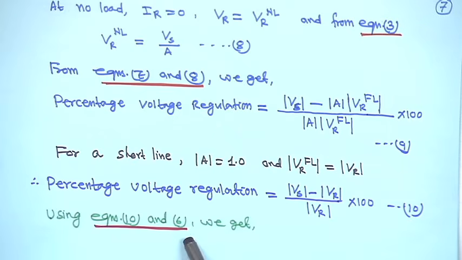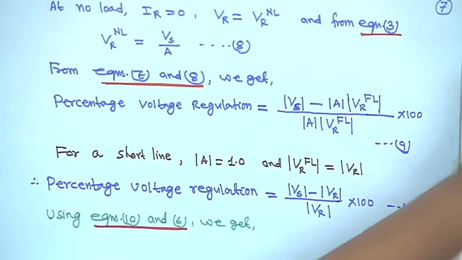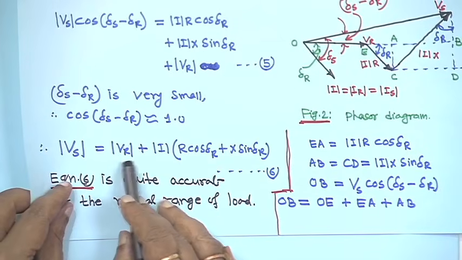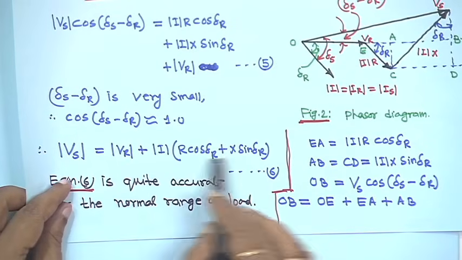Now, using equation 10 and 6: if you go back to equation 6, magnitude Vs is equal to magnitude VR plus this term.